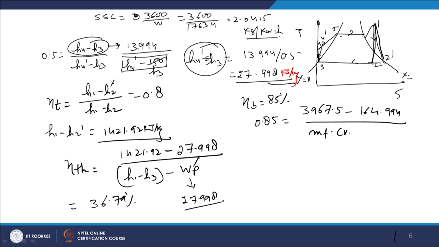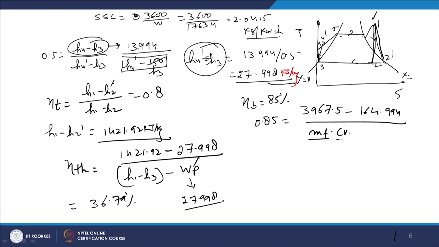Here we have taken enthalpy at state 1, and enthalpy at state 4 dash. How have we done that? We took the enthalpy at state 3 and added the pump work, which gives the enthalpy at state 4.